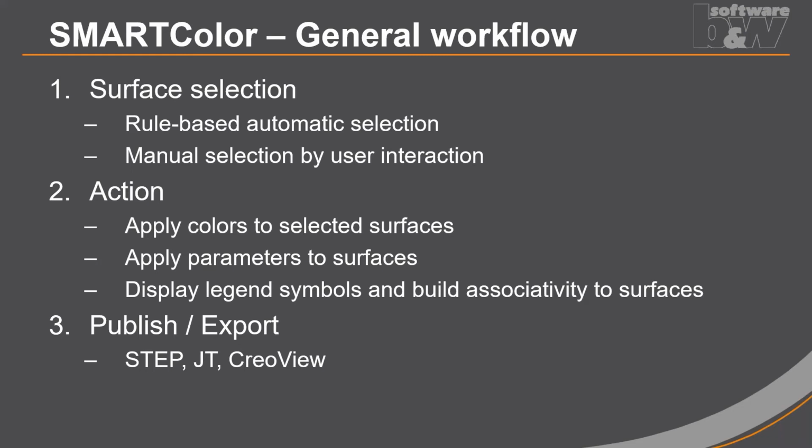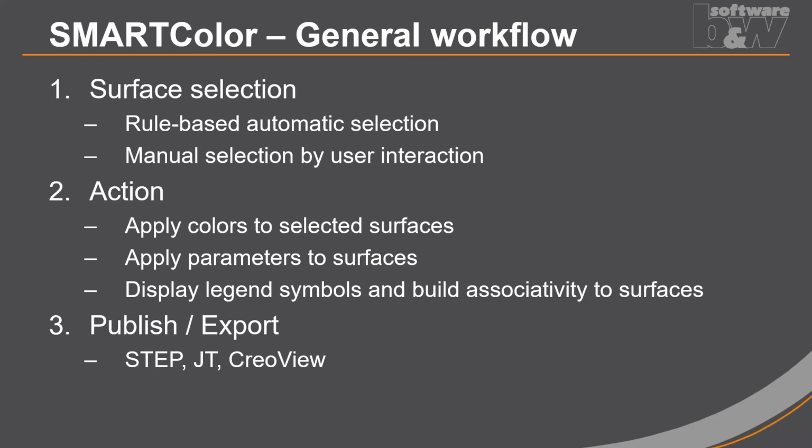If this selection has been made, the software can take action. First of all, the name says it, the software will apply colors to the selected surfaces. Secondly, this is very new in the software, it also can apply surface parameters to the selected surfaces.